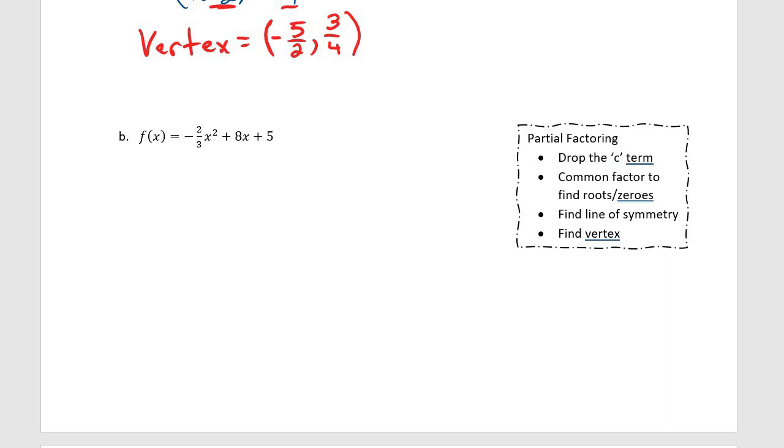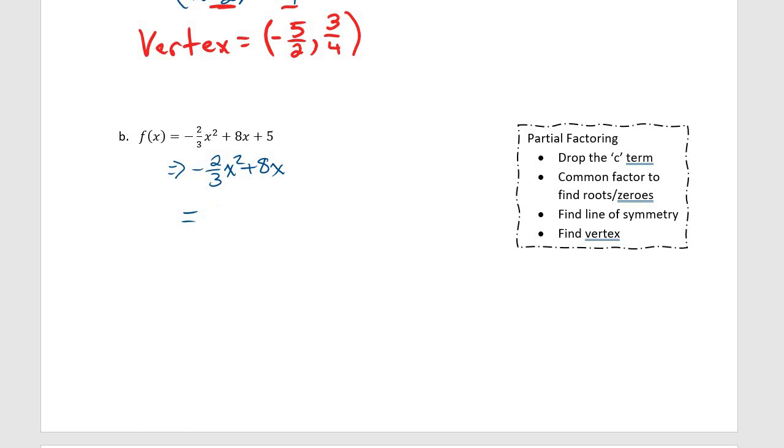So what we're going to do is ignore our C term. So we will just think about negative 2 over 3x squared plus 8x. And you notice I did not write an equals sign because this is not equal. I have changed the equation by doing this. And now I can just common factor to get 2 points that I can use to find the axis of symmetry.